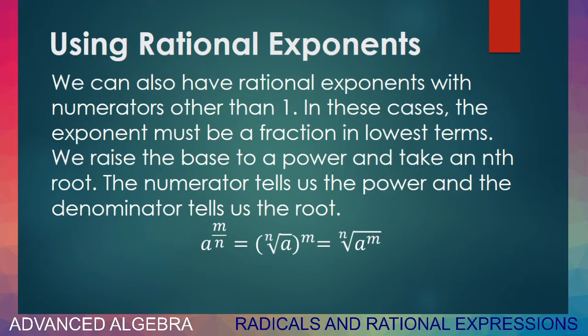Tapos yung m natin, siya yung magiging exponent ng ating radicand na nasa loob. So, a to the m power. Okay? So, ganyan ang gagawin natin. Yung nasa denominator ng ating exponent sa fraction is siya yung magiging root or si n. Then, si m naman, siya yung magiging exponent ng ating radicand yung nasa loob ng radicals. So, a to the m power. Okay.